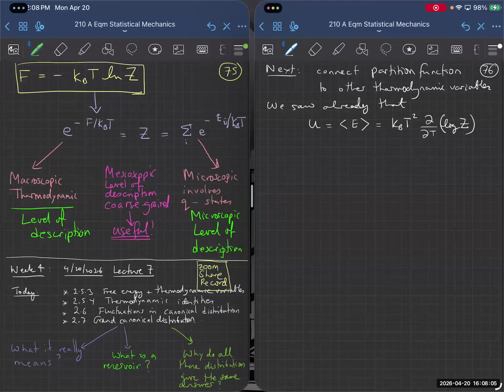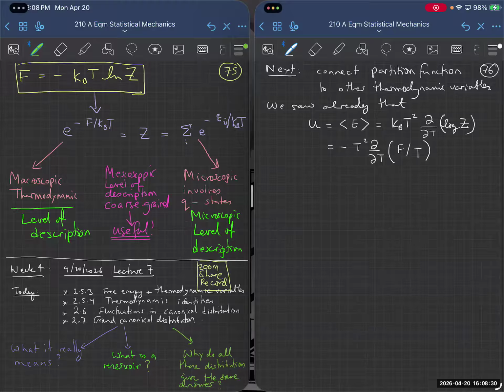And since we know that F is minus kT log Z, that says U is equal to minus T squared d by dT of F divided by temperature. That's how we can get the internal energy from the Helmholtz free energy.